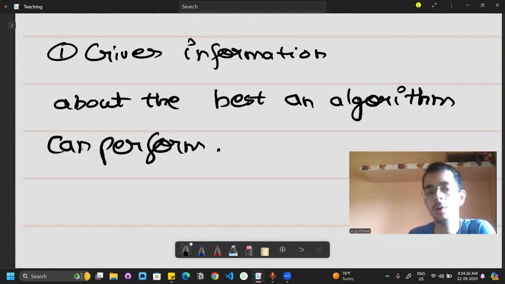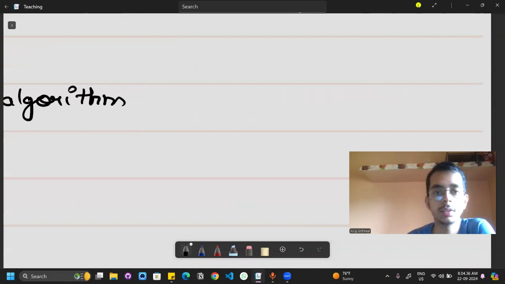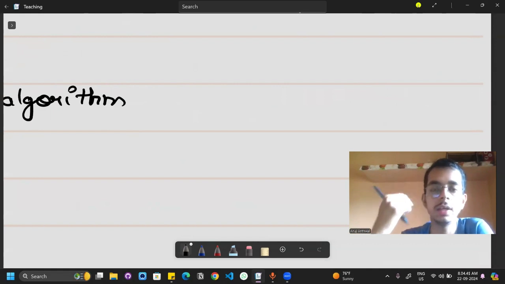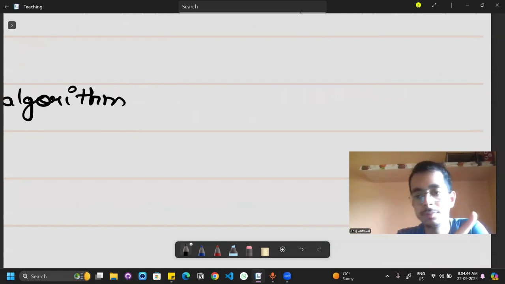It gives information how well or how best the algorithm can perform. Generally we can use the Big O notation because we consider the higher values of n, so the omega notation and the theta notation don't matter.